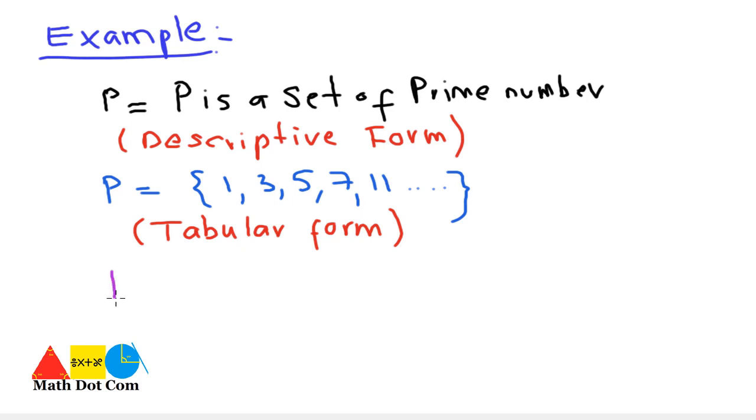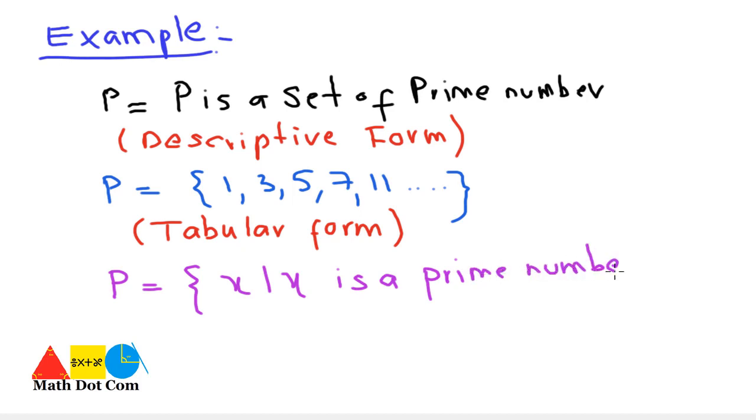It can be written as P is equal to, I will write it first, then I will describe each and every part of this form. Prime number. It's a prime number. Now let's see how you can read it.